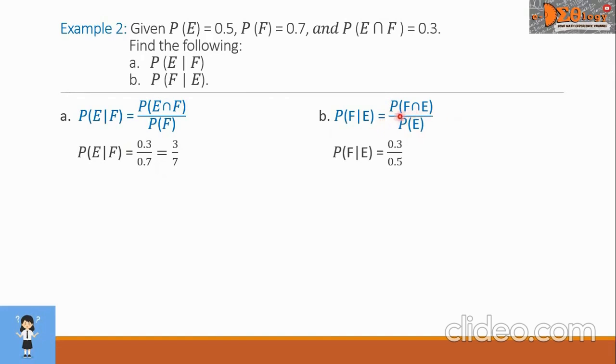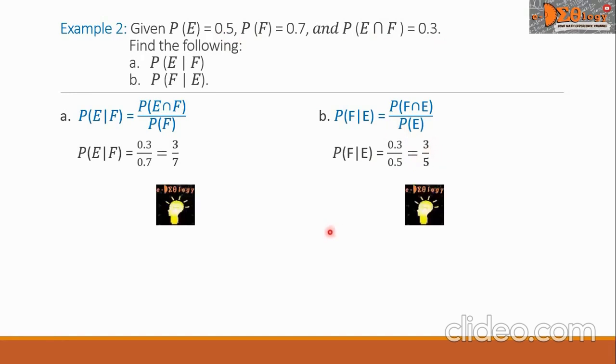This P of F intersect E is just the same as our P of E intersect F. So we will use this value 0.3 here over the P of E, that is 0.5. Let us simplify this. This is the same as 3 over 5. These are our final answers.